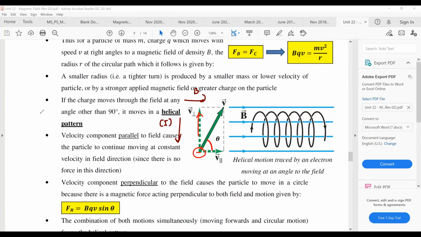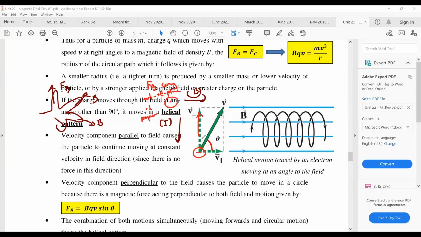If you use Fleming's left hand rule, which is F_B, B, and I, you will notice that the moment you orientate your fingers according to these two components, the B and the I, your magnetic force is actually coming out of the plane of the paper.